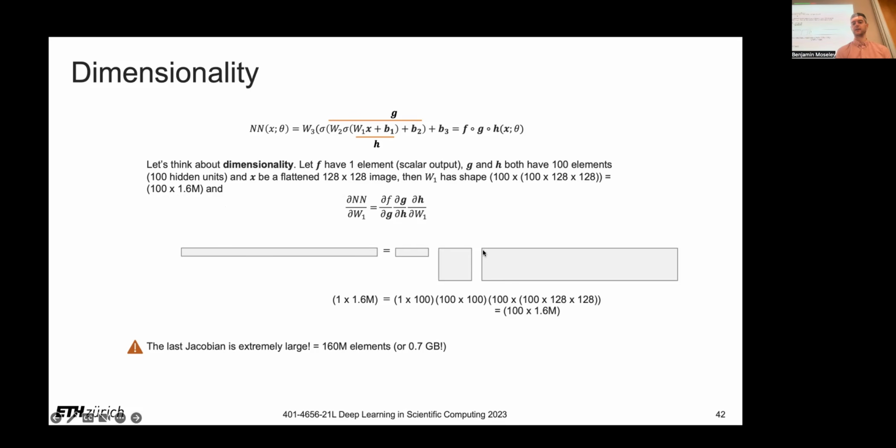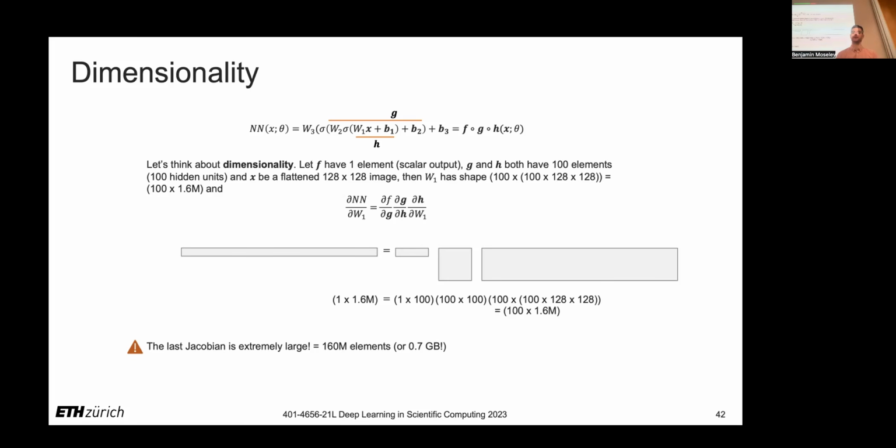You can see here, this box is dH by dW, and it's 100 by 1.6 million. That is an absolutely huge matrix. It has 160 million elements, or if you put that into computational memory using 4 byte elements, that's nearly a gigabyte's worth of data in a single matrix. That's really difficult if we want to train the network and have to evaluate that entire matrix.